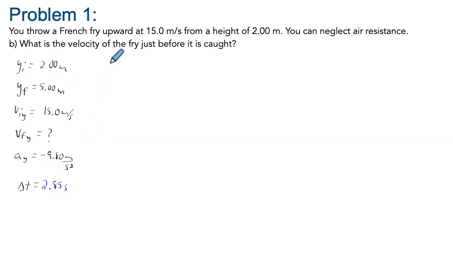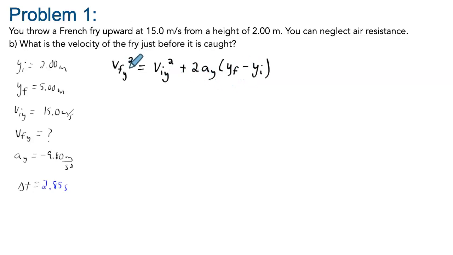I want to actually show another method that is a little bit more complicated here because I want to show you something. So I will actually use the equation that is stating v_final y squared is equal to v initial squared plus 2 times the acceleration times the change in position, or change in the displacement, so y final minus y initial.